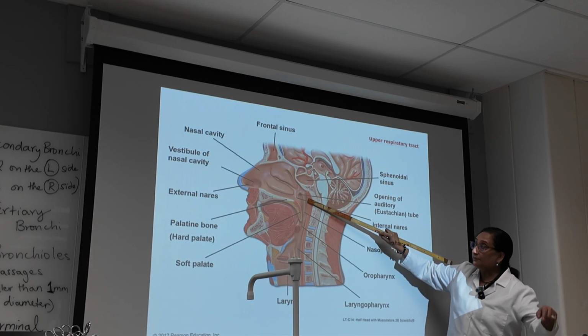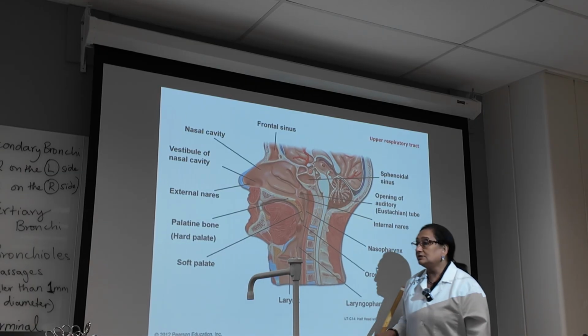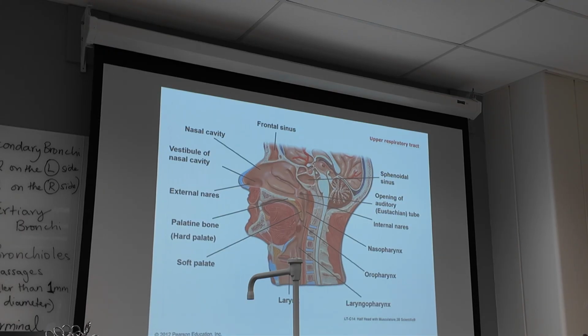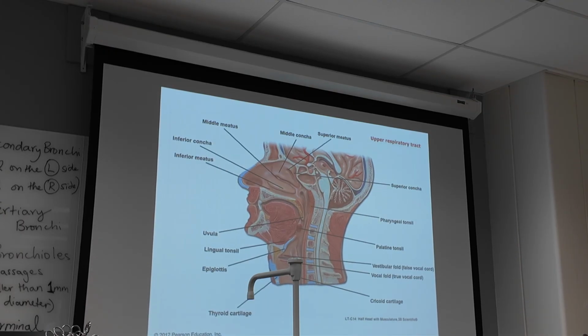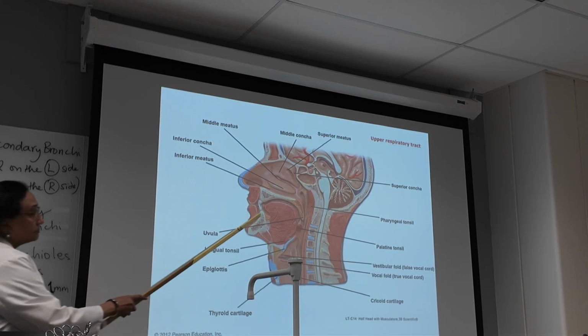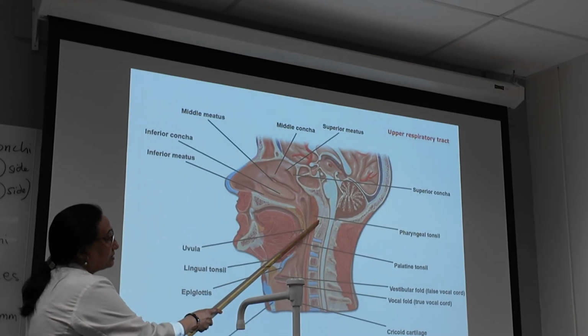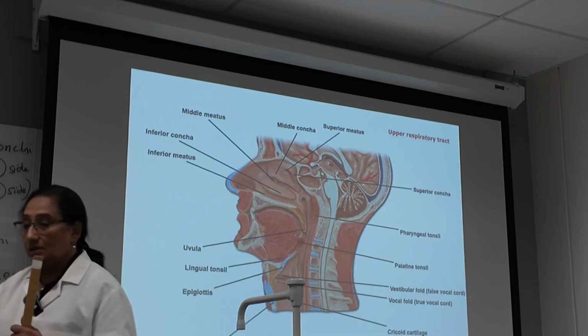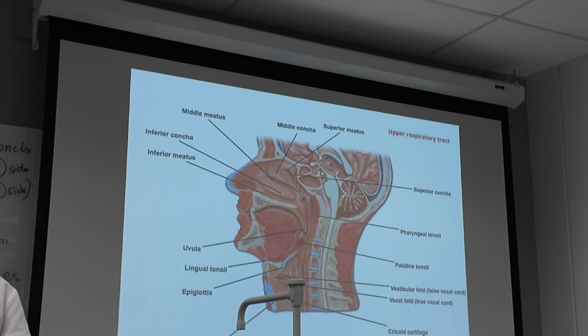On your model, you'll be able to see it. This is called the pharyngeal tonsil, one of them. Pharyngeal tonsil, that expanded thing that you see. Pharyngeal tonsil is commonly called adenoids. In clinical setting, we call it adenoids.